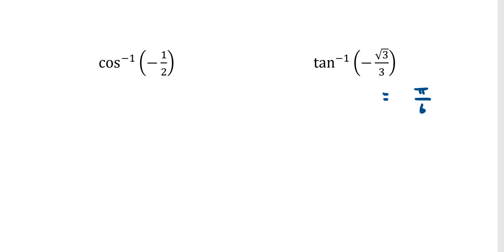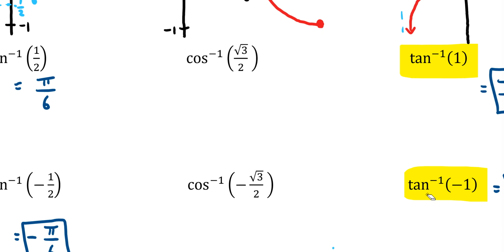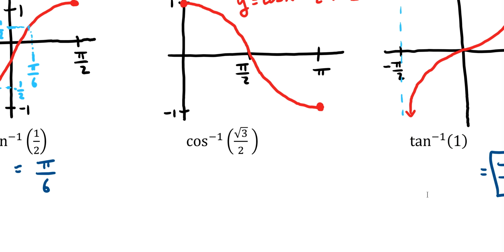Then we recognize that since we had a negative input, we negate the answer, and then we're done. So tan inverse of negative radical 3 over 3 is just negative pi over 6. Once again, if you know this same little trick for sine inverse and tangent inverse, the questions are very, very quick. So the issue is the one that's left, and that's going to be cosine.